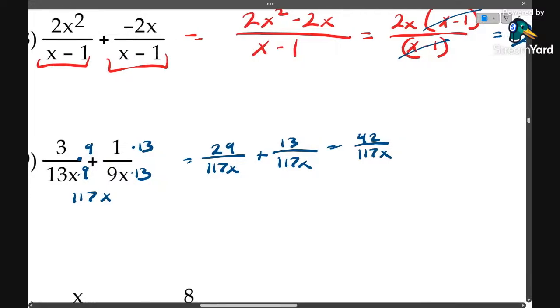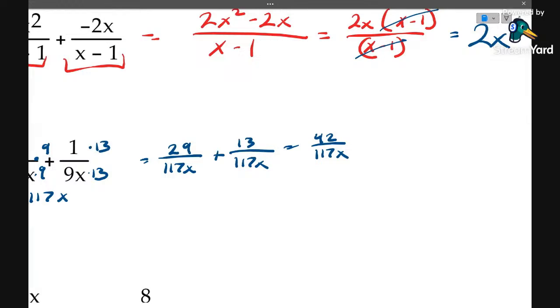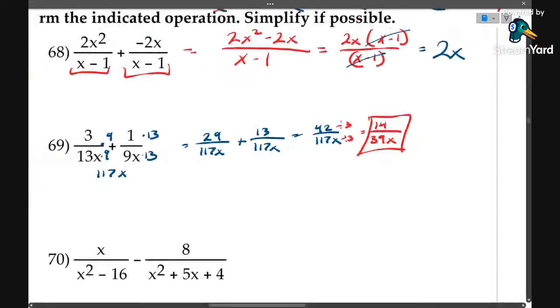Looks like 117 should be divisible by 3, and it is. So is our numerator. 42 divided by 3. So we get 14 over 39x. Double check to see if we have any other common factors. 14 is 7 and 2, neither of which go into 39. So that is as simplified as we can get.